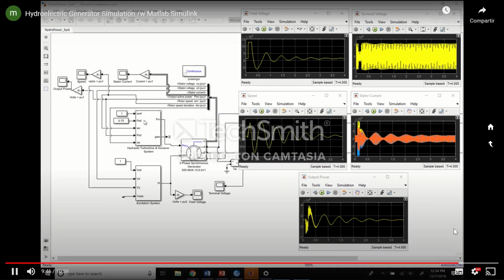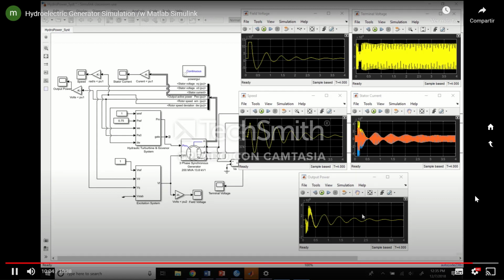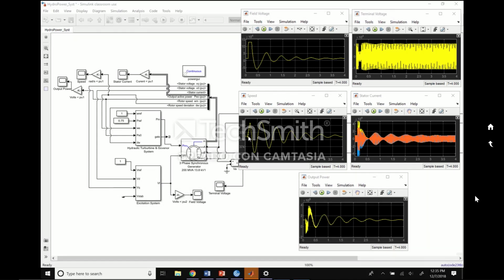So in conclusion, with our synchronous generator and our hydraulic turbine and governor and exciter system incorporated with a feedback loop, we can set the parameters to reach a steady state at any output power that we want, in this case 150 megawatts. We can observe the speed at 377 radians a second, or about 3600 RPMs, and also the stator current.